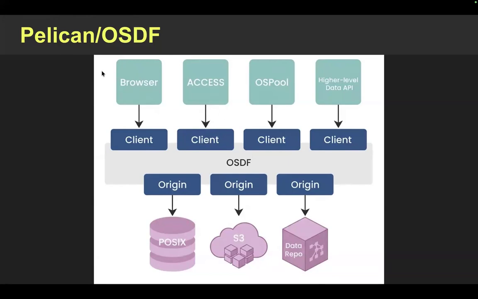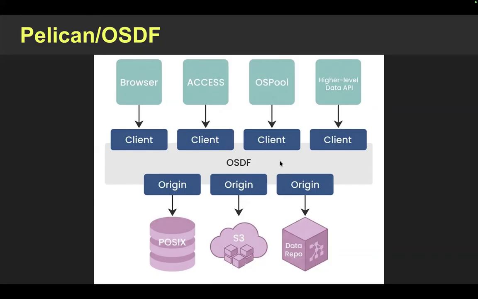Okay, OSDF, Open Science Data Federation. The Open Science Data Federation now is using the Pelican platform, an orchestrator of data sharing federations. Pelican has major components, but there are two main ones. One is the director, a part of the software, which is responsible for directing requests for files.